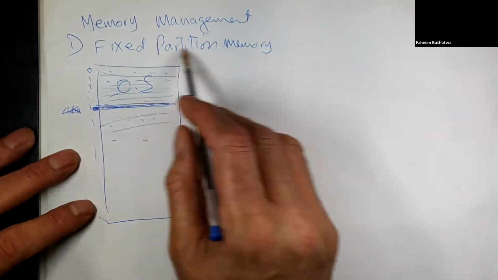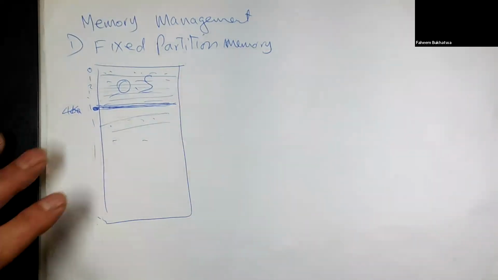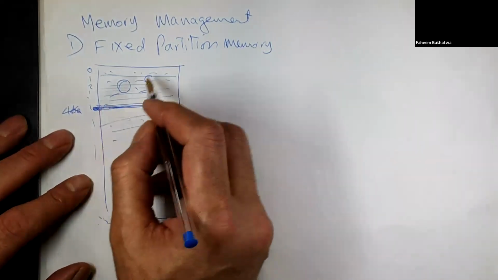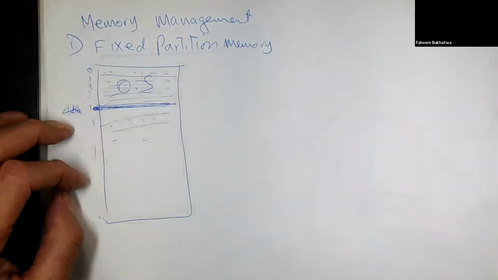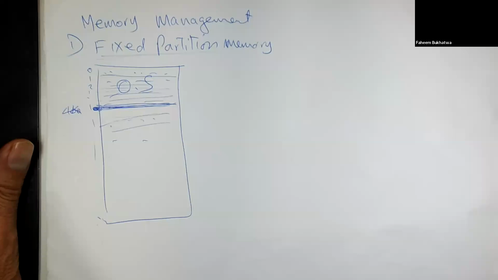Now, the fixed partitioning: how are we going to manage programs and put them in memory? So what they decided first, they said, let's divide the rest of memory into variable size blocks. So why?